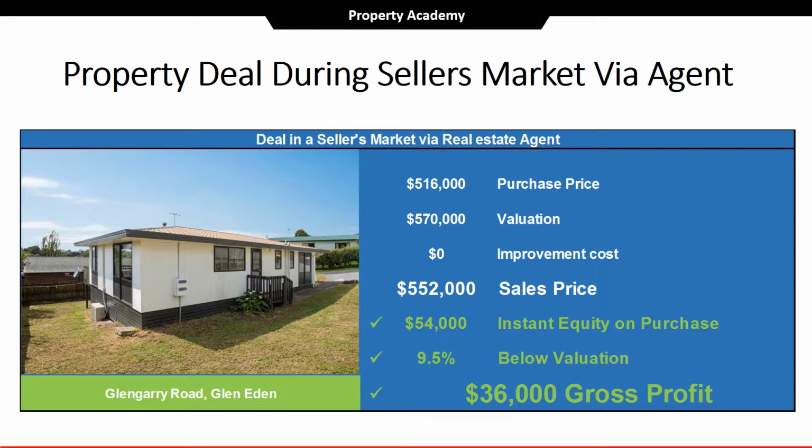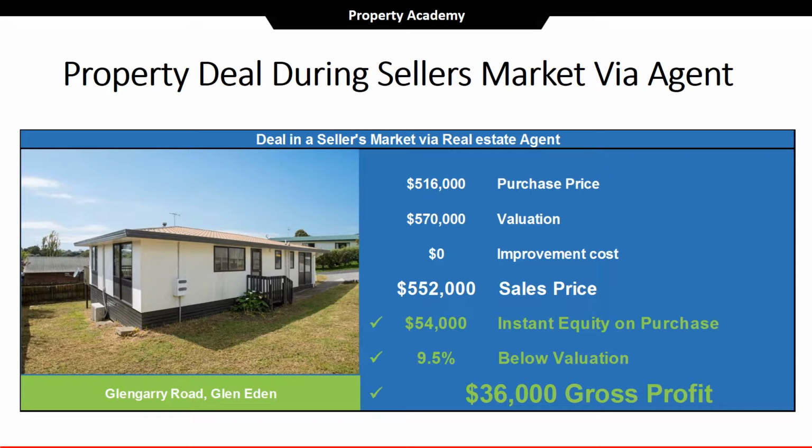Now, at the time I purchased the property for $516,000, the reason I was prepared to put that bid in at auction was because my research had indicated the property valuation should be closer to $570,000, and my power team, which we'll cover in week 2, had confirmed this valuation for me as well.